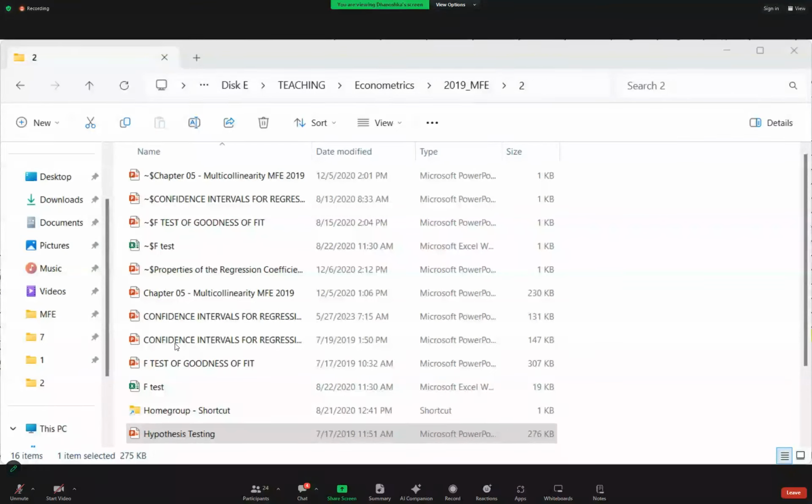Okay, then the next session is about hypothesis testing, where you are going to learn how to test the significance of regression coefficient.